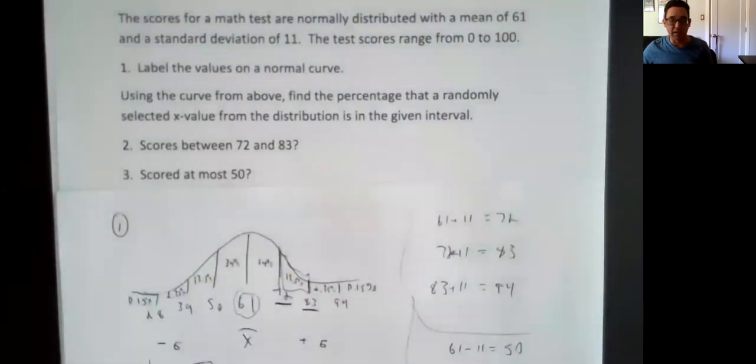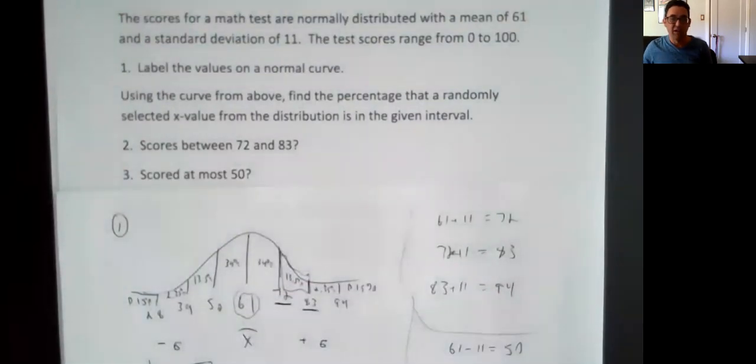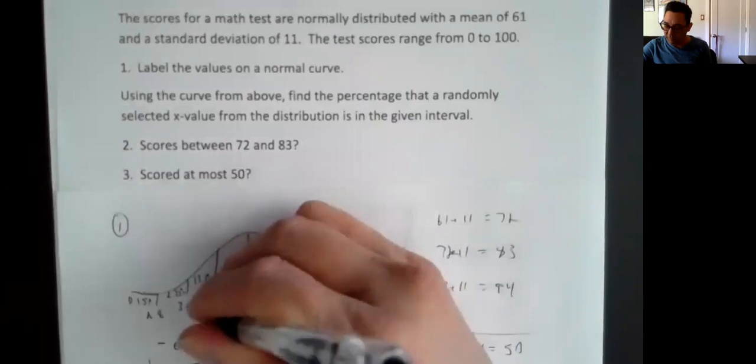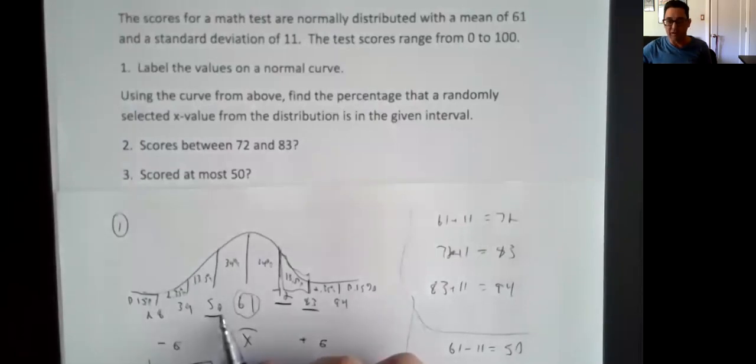Now, number 3, scored at most 50. So here's 50 on my list, and the scores are at most, so if they scored more than 50, we're not counting those. At most 50, so maybe they scored 28 or 39 or anything between that. They could have scored 49, right?